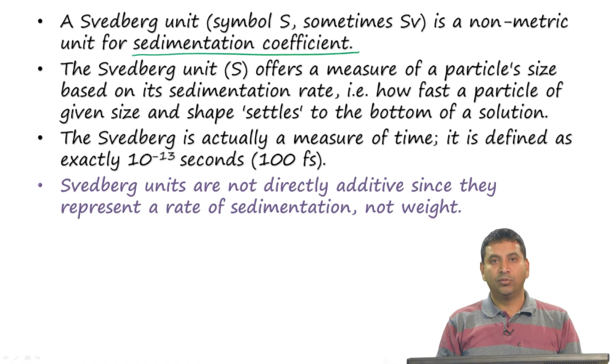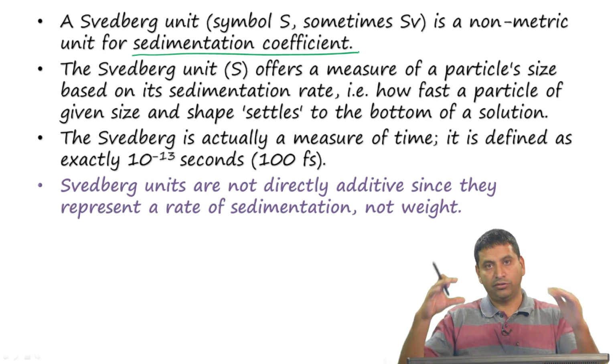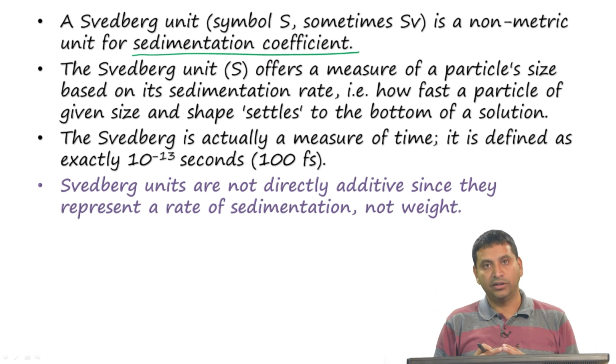Svedberg offers a measure of a particle's size based on the sedimentation rate, that is, how fast a particle of a given size and shape settles down to the bottom of a solution. So, Svedberg is actually a measure of time, and it is defined as exactly 10 power minus 13 seconds, which is actually 100 femtoseconds.